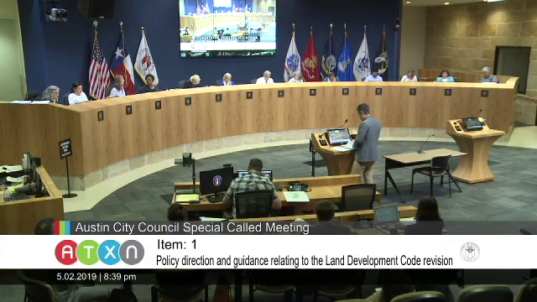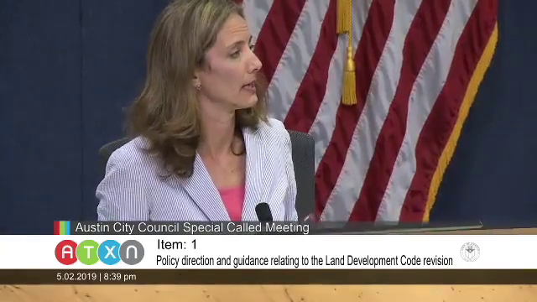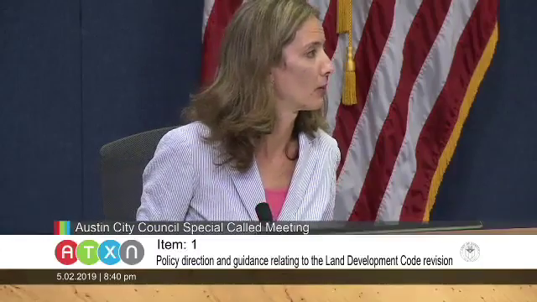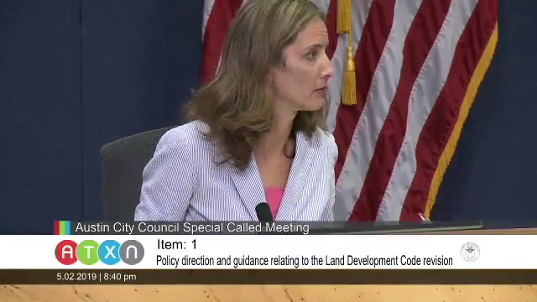I mean, it's making it clear that that should be a criteria, that the mapping should take into consideration existing missing middle that's on the ground. So I hope you find that to be responsive.